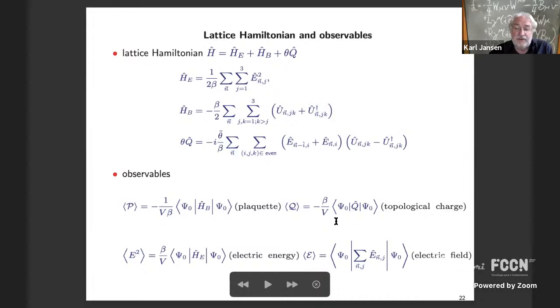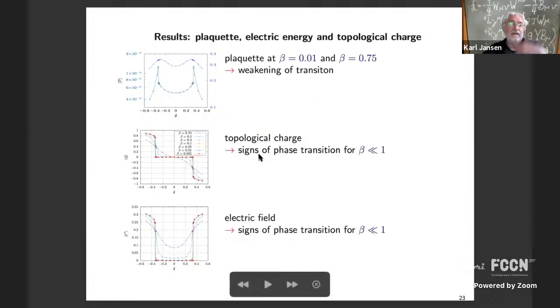We have the topological charge by measuring this topological charge operator, and we have the electric fields. Just to demonstrate the effects of this topological term, we have chosen here an exact diagonalization because we found that in this setup, the number of degrees of freedom becomes too large to implement this on present-day devices. But we wanted to see the effect, and we saw something.